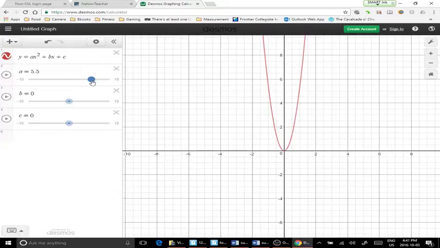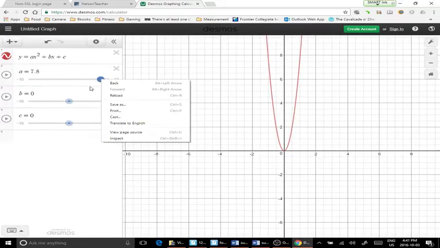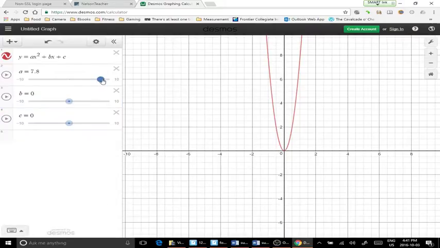As I make A bigger, the graph becomes stretched. It becomes stretched or skinnier. So as A gets bigger, the graph gets stretched or becomes skinnier.